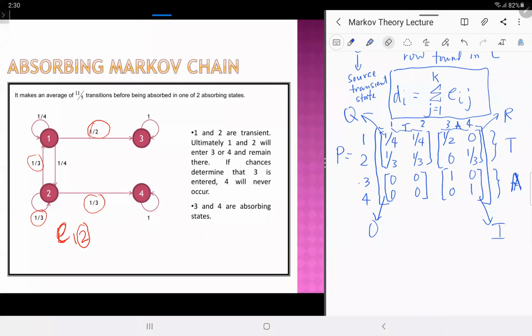In the same way, E21 means that you're coming from transient state 2 and counting how many times you pass through transient state 1 before finally being absorbed in either absorbing state 3 or 4. So that's what we're counting.